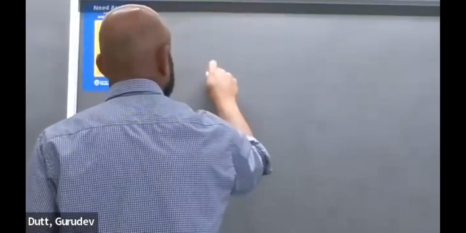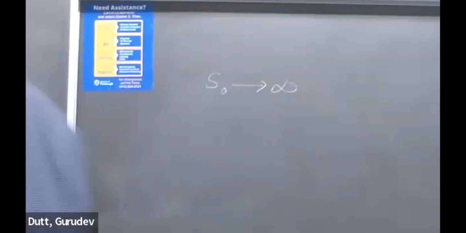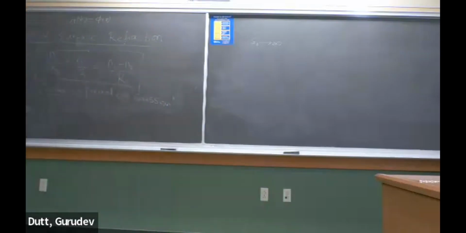Now let's look at a couple of limits of this equation. As S naught goes to infinity, which means effectively the object is receding away from the spherical surface, very far away from the refracting surface, the image point P will tend to move closer to the surface to satisfy this equation.